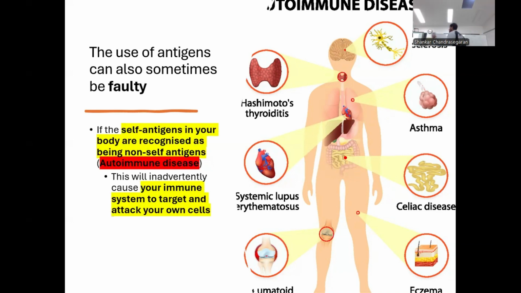But if eventually your body starts to correctly recognize the antigens on our own cells as self instead of non-self, then the autoimmune disease won't necessarily be prominent anymore. I'm not familiar with all the types of asthma, but there is asthma caused by an autoimmune disease as well.